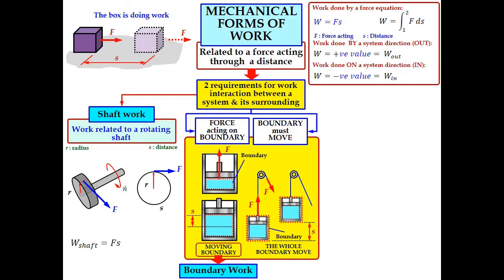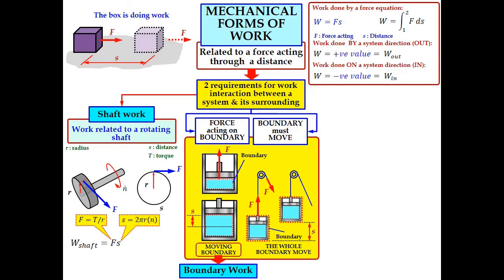The shaft work formula will be W shaft equals force multiplied by S, the distance, where force F equals T divided by R. T stands for torque, R stands for the radius.